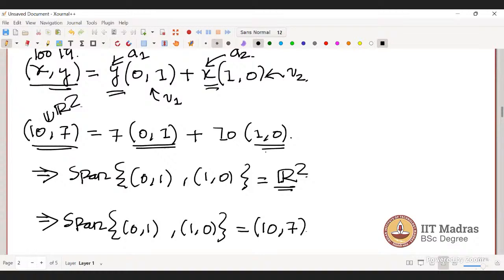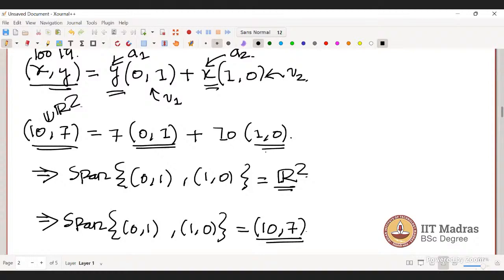Whenever you say (0, 1) and (1, 0) span (10, 7), you are basically saying the span of (0, 1) and (1, 0) is (10, 7), which is incorrect. When you are writing (10, 7) as a linear combination of (0, 1) and (1, 0), you should say that I can write (10, 7) as a linear combination of (0, 1) and (1, 0).